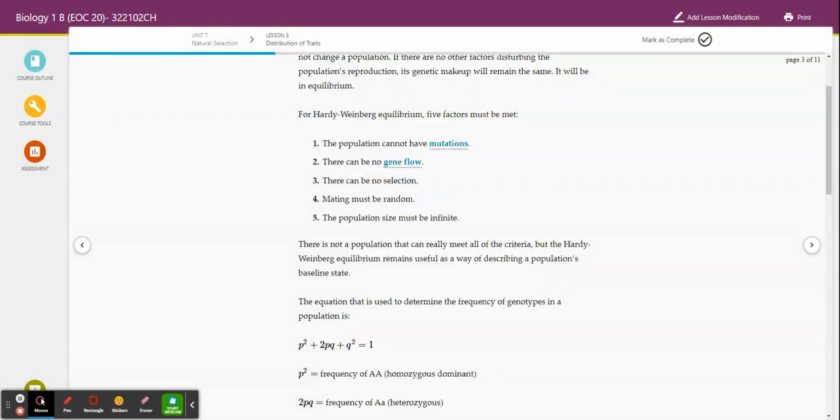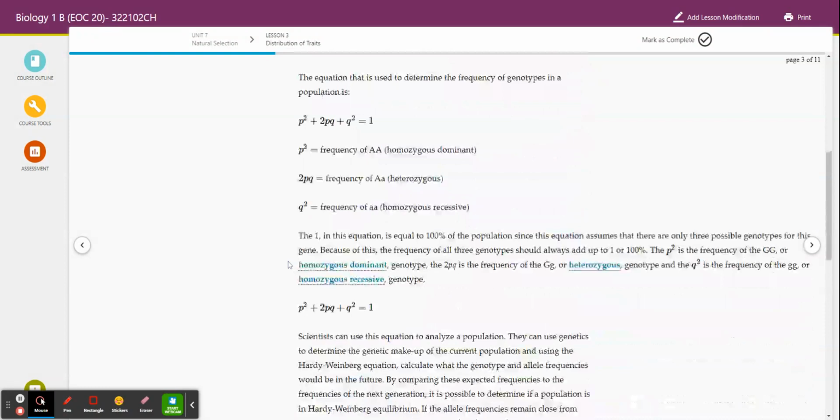The equation that is used to determine the frequency of gene types in a population is p squared plus 2pq plus q squared equals 1. P squared is the frequency of the big A homozygous dominant genotype. 2pq is the frequency of big A little a, or heterozygous genotypes, and q squared is equal to the frequency of the homozygous recessive genotype.